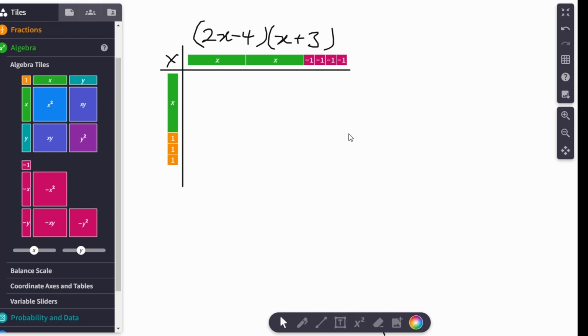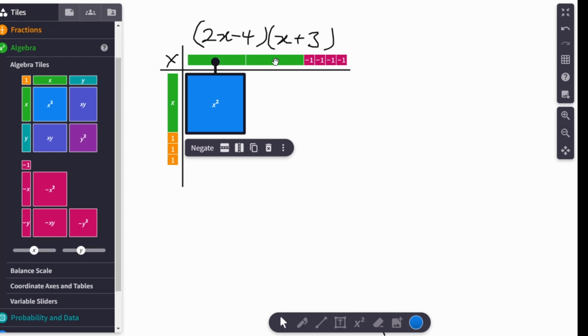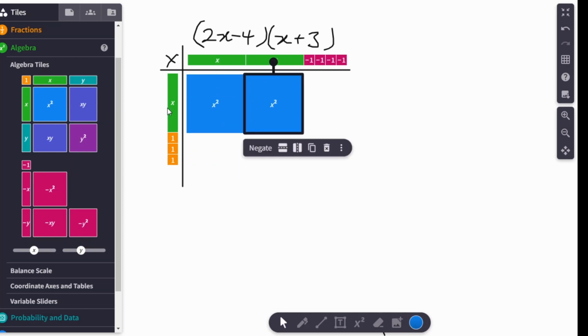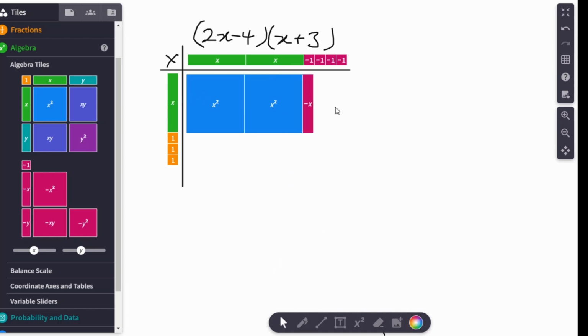Right. So here we have 2x minus 4 and then x plus 3. X times x gives us x squared. X times x gives us another x squared. Then negative 1 times x will give us negative x. Each of them will give us negative x.